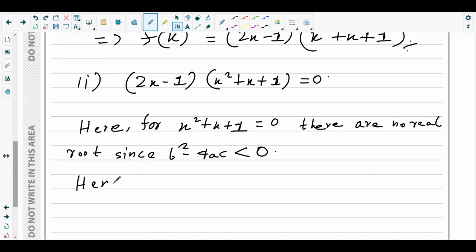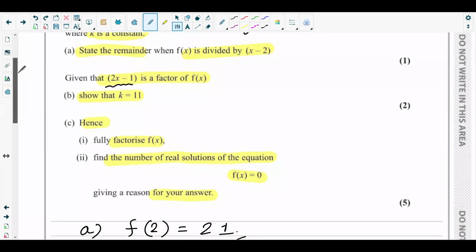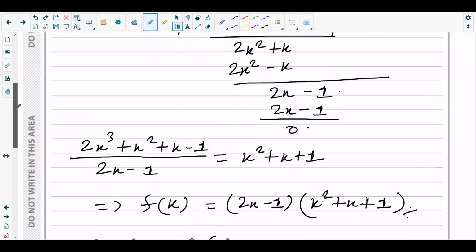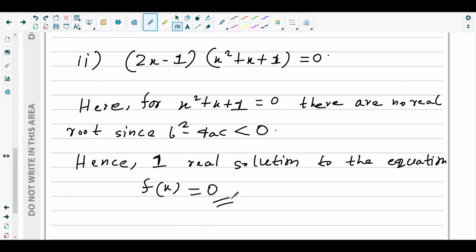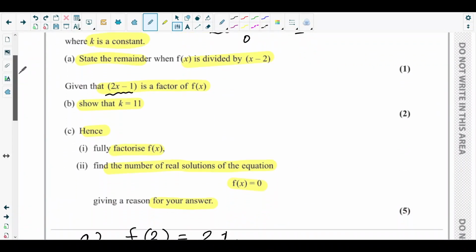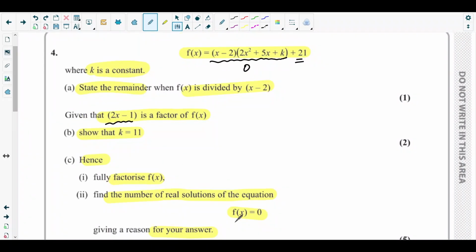Hence, how many real roots? One real solution to the equation f of x equals 0. That's it. That's the answer for part 2 of C from question number 4. Fine.